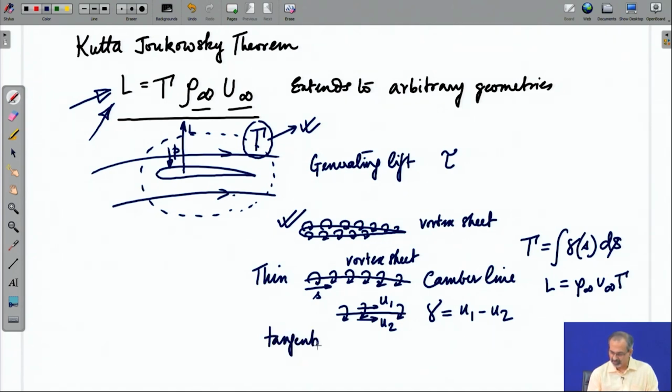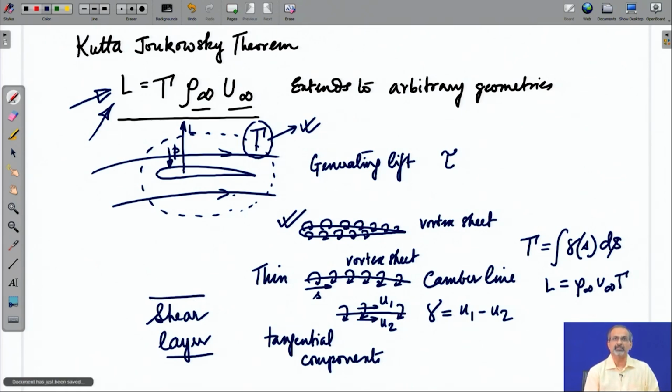The tangential components are indicated by u1 and u2 above and below the vortex sheet. So, there is a jump in tangential velocity across the vortex sheet, and you could also consider it to be a layer which brings in shear in the flow.